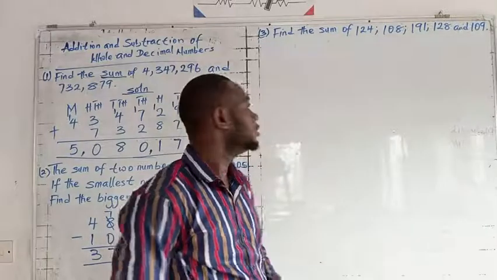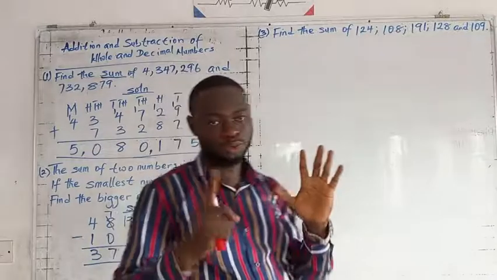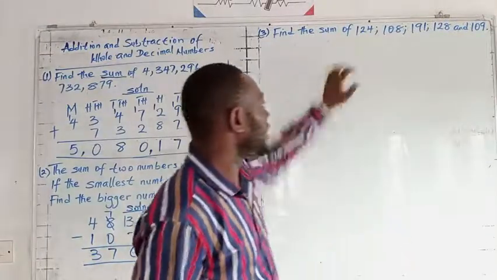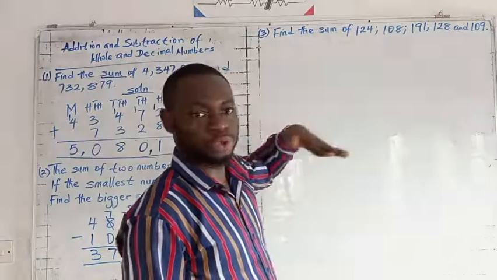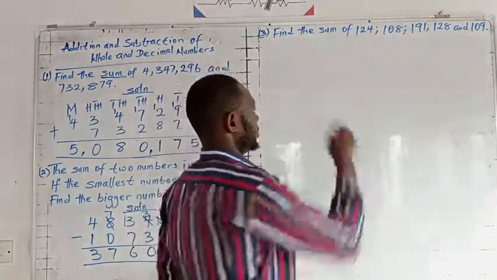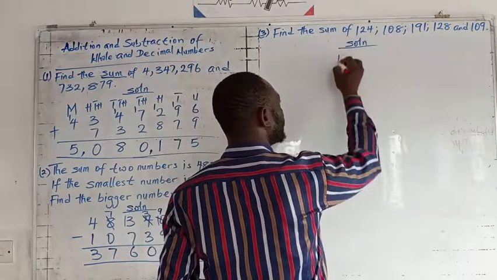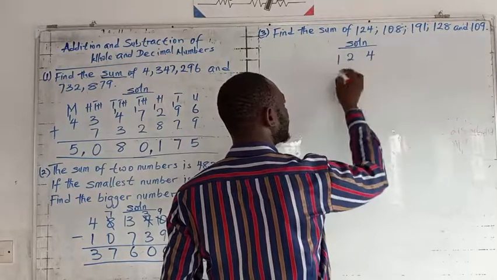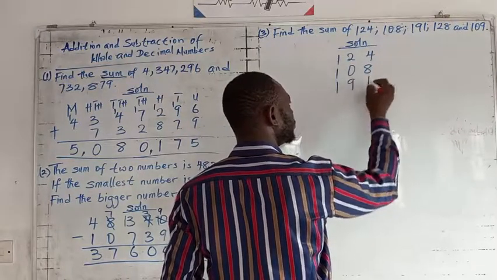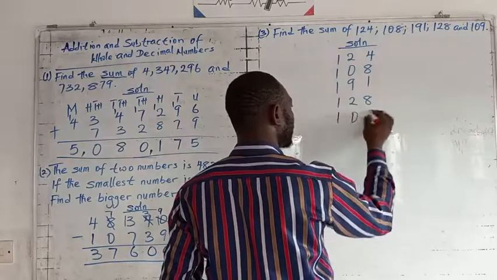So this is actually simple. And we are going to add it once. Now, there are 2 ways to do this. You can either be adding the numbers in twos, or you add all of them together. So let's add all of them together. Solution. So here I have 124, 108, 191, 128, 109.